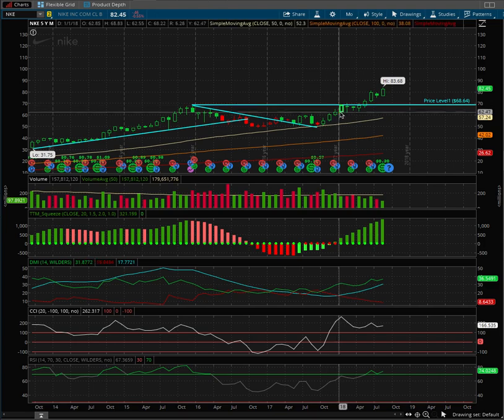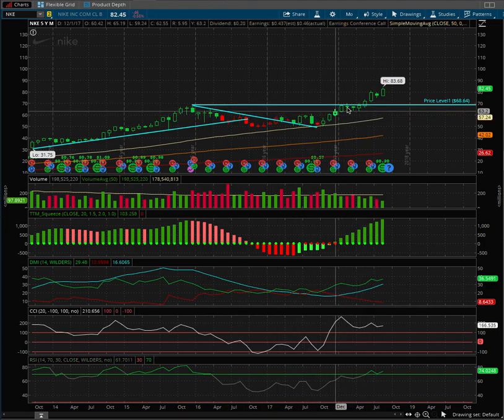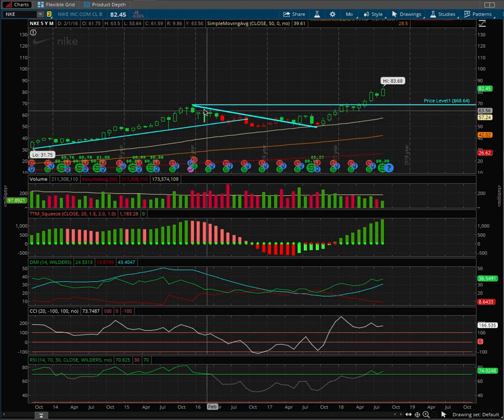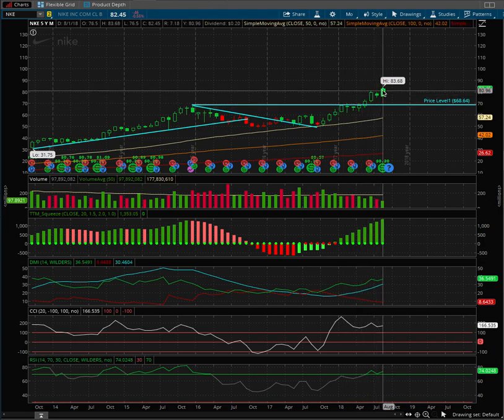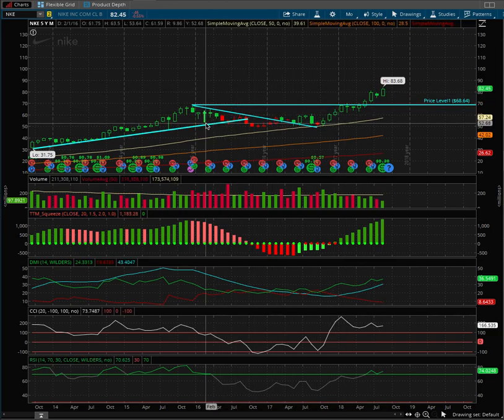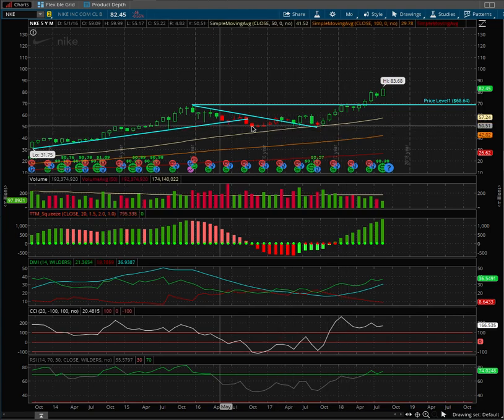This is resistance now. Okay, we're still technically trending up, but we had this resistance, and now it broke through on the monthly chart, and it's continuing up now. Okay, so this is a monthly chart, just a kind of an overview of what's going on there.